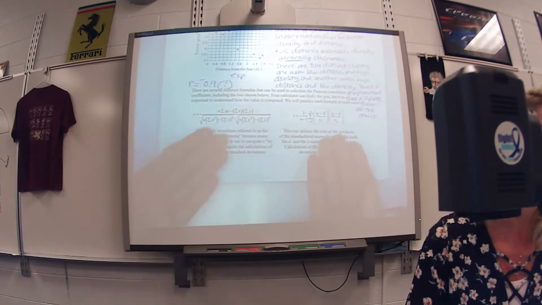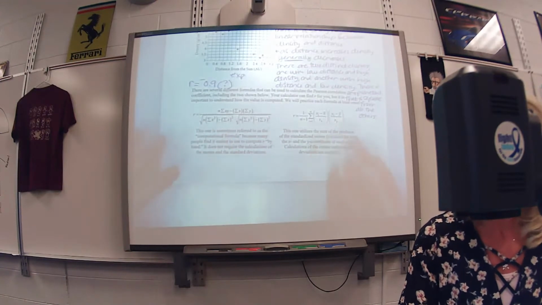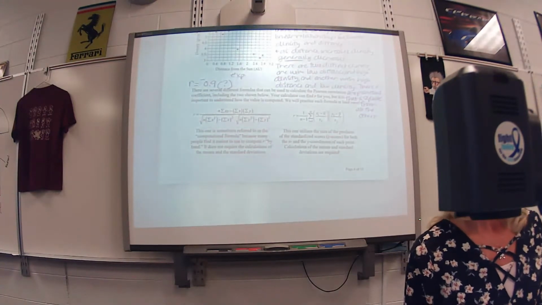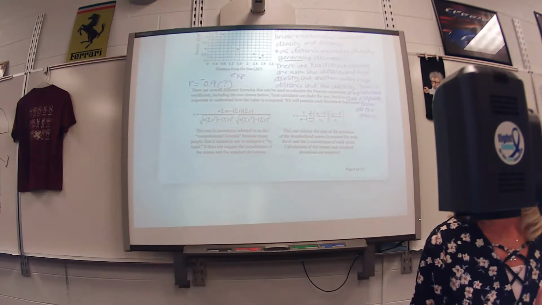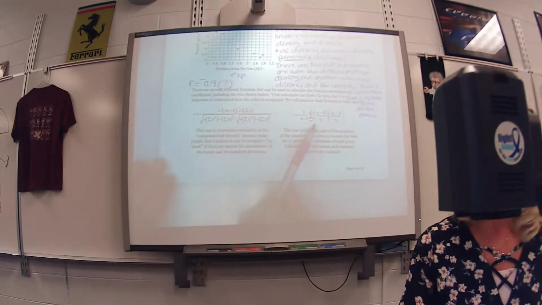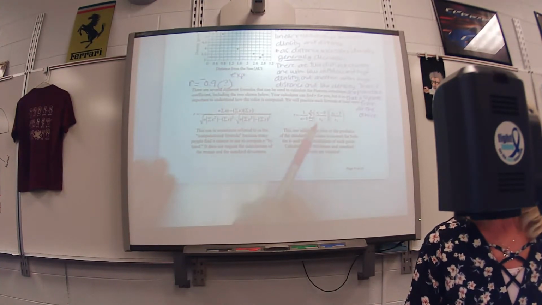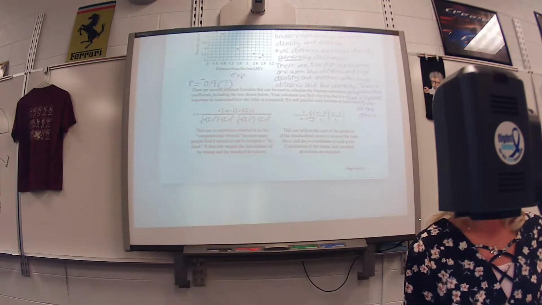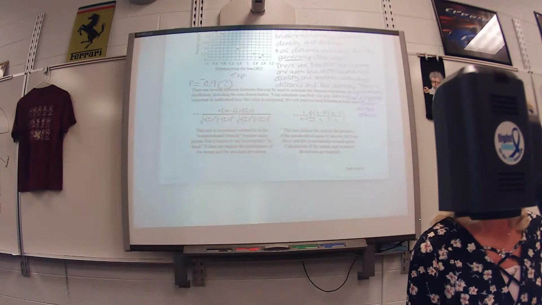Your calculator can find R for you, which I think most of you know how to do, but you guys really should know what the calculator is doing. And understanding these formulas, especially the one they give you on your formula page, might help you think about whether R is resistant or not, okay?